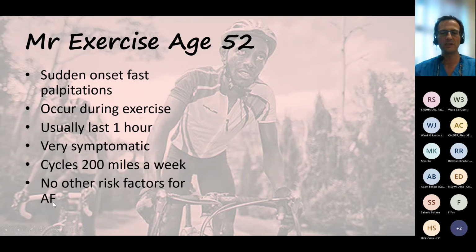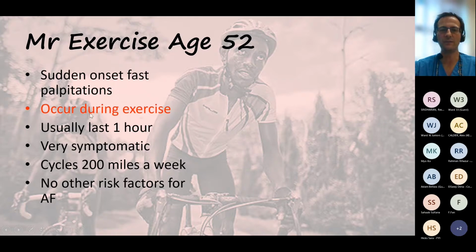He doesn't have any other risk factors for atrial fibrillation. Any comments about that, the fact that he gets sudden onset fast palpitations occurring during exercise, which make him very symptomatic? Well, any exercise-induced palpitations should be an immediate red flag for you.